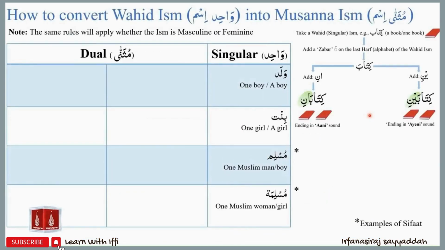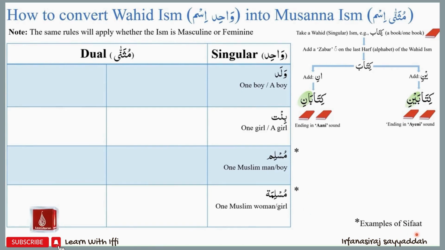We will apply the formula that we learned to some examples. In this column, we have some wahid or singular asma. For example, walad, bint, muslim, and muslima. Please note that muslim and muslima are examples of sifat.